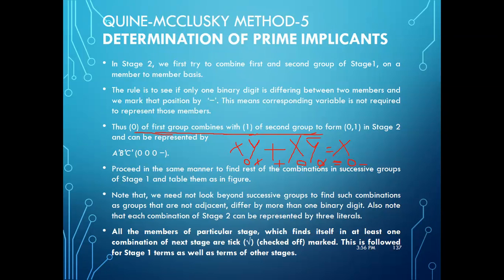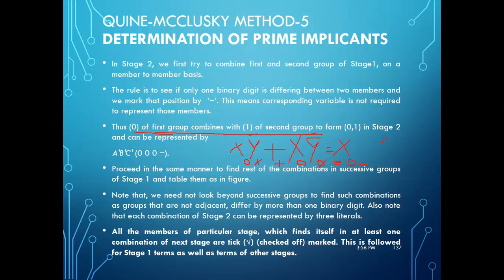All the members of a particular stage which find at least one combination in the next stage are ticked or check marked. This has to be followed for the stage 1 terms as well as the terms of the other stages. When you start combining in this manner, 0 comma 1, you start checking the previous stage.